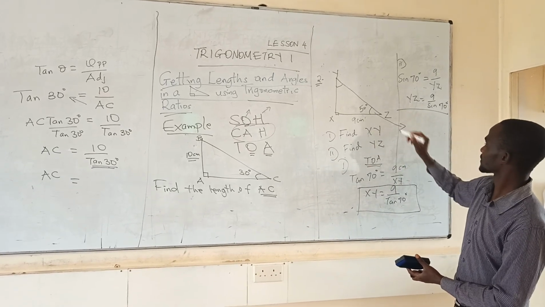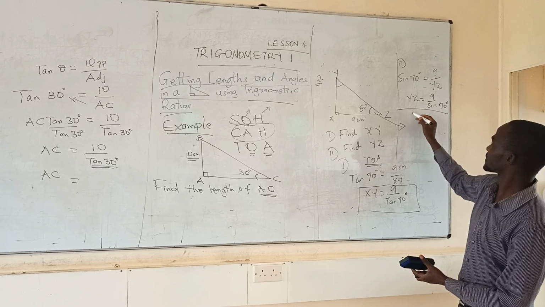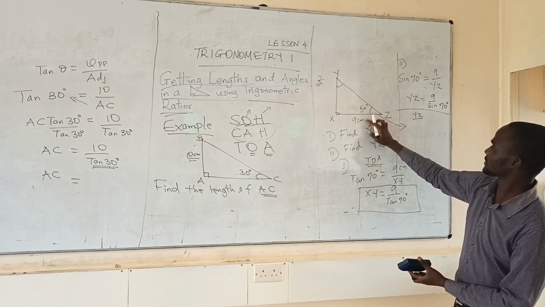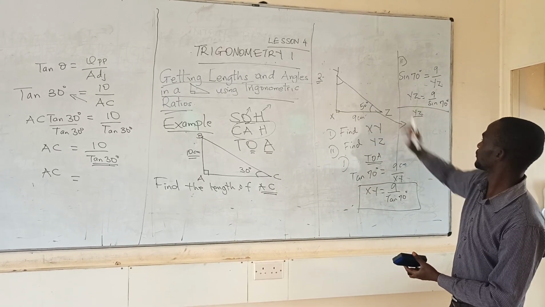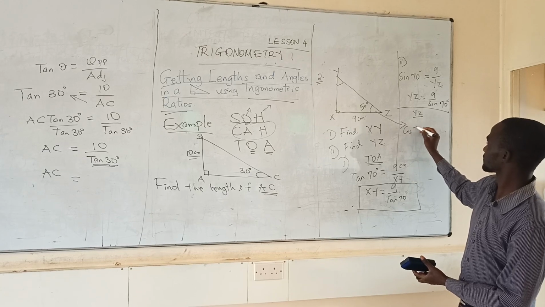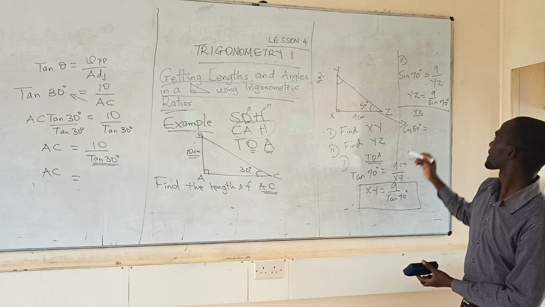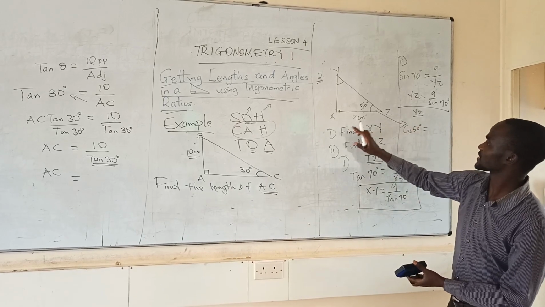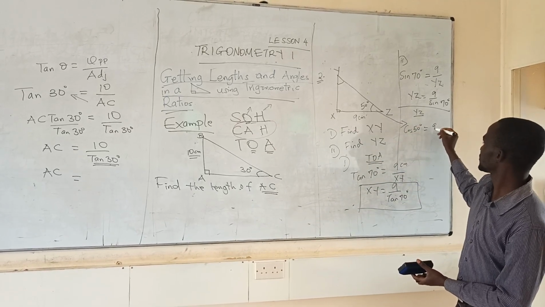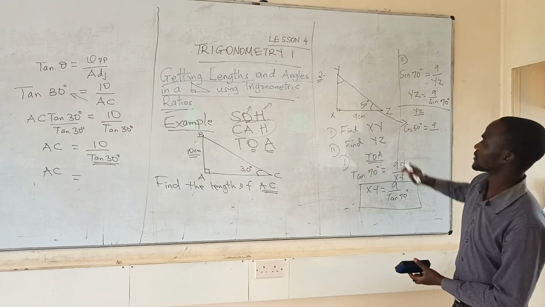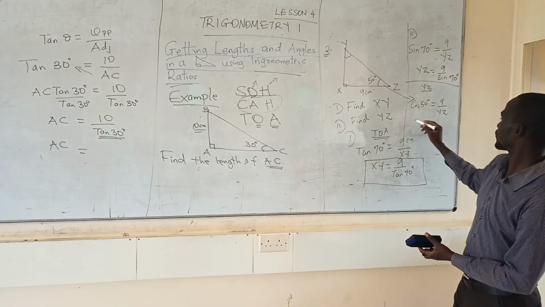So we'll say cos 50 degrees is equal to the adjacent, which is 9 centimeters, over the hypotenuse, which is YZ.